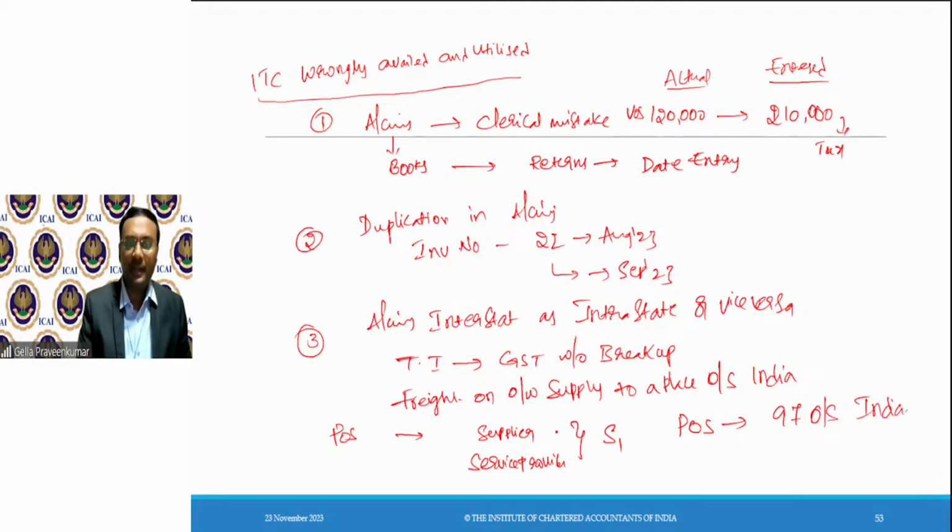Now, assuming for a moment, supplier is in state 1. Let's call Tamil Nadu. The service provider is also in the state called Tamil Nadu. But when place of supply is 97, this transaction will be called as IGST. There was a point in time where the GST provisions have explained place of supply provisions.